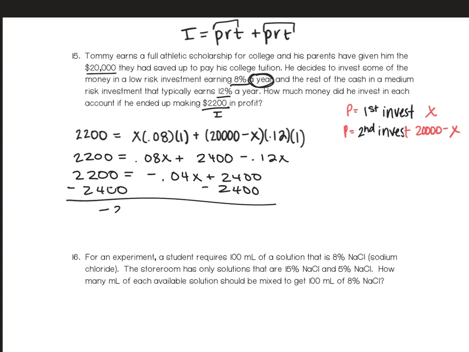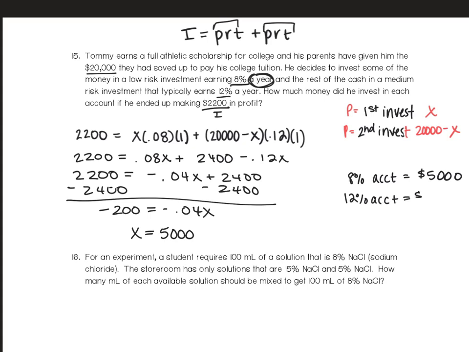Negative 200 equals negative 0.04x, and when you divide, you get 5,000. So your initial investment in the account with 8% was 5,000. And then that means that the 12% account was 15,000.